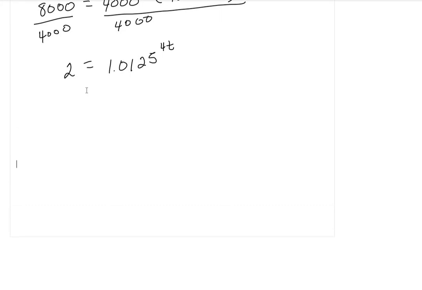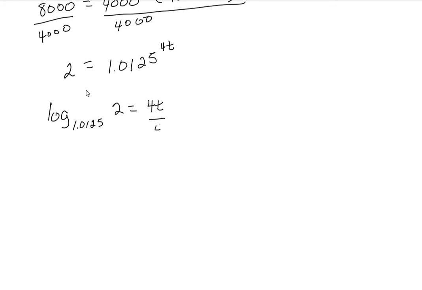But remember that if you just have an exponential equation, you can write this as a logarithm. So I have log, the base is 1.0125, and this is 2, and that's going to equal 4t. Remember that the exponent goes over here on this side.